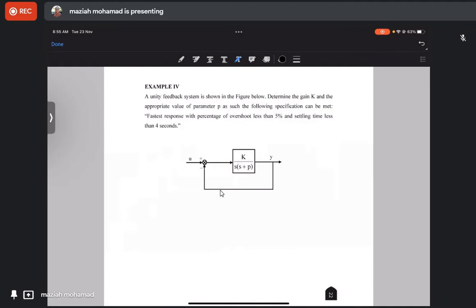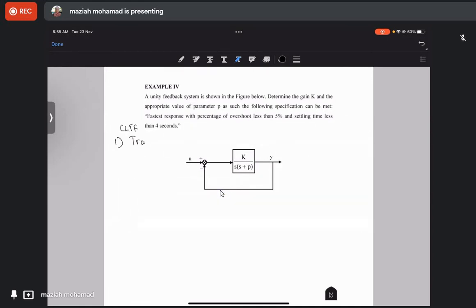All right. So last one, example number 4. In the previous examples, examples 1, 2, and 3, they give you the transfer function. The flow is transfer function, closed loop transfer function.